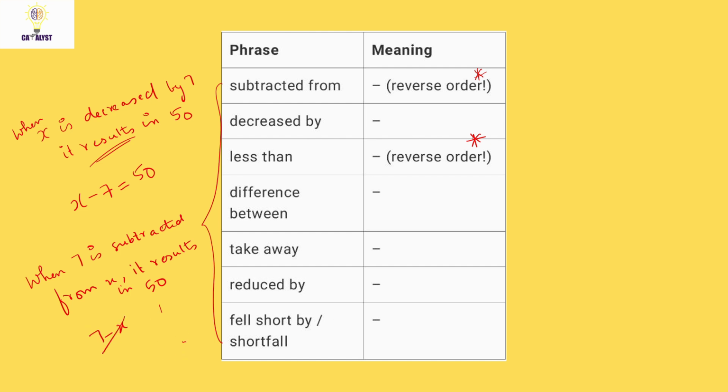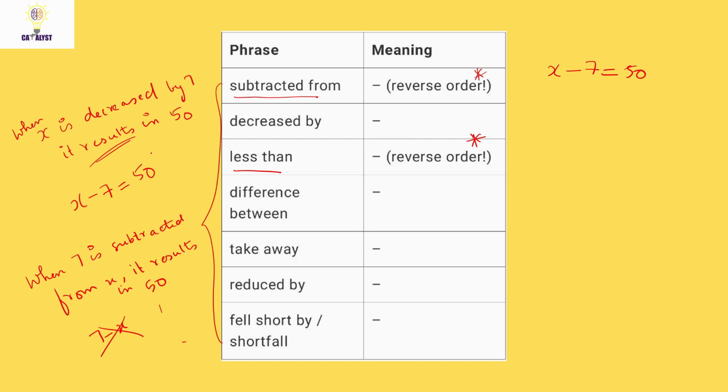This is wrong, this is not correct. Whenever it is subtracted from or less than, then you have to write it ulta, reverse. 7 is subtracted from x, so from x you are supposed to subtract 7. x minus 7 equal to 50.